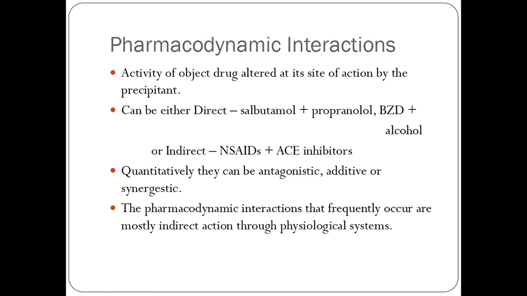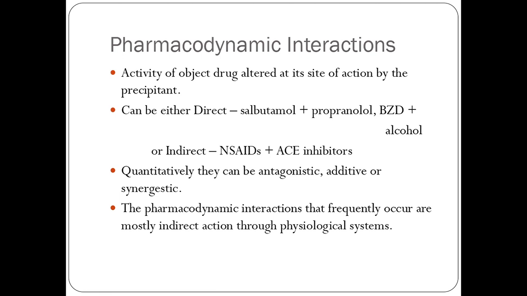Then coming to pharmacodynamic interactions. In pharmacodynamic interactions, the activity of the object drug is altered at its site of action by the precipitant. It can be either direct, for example salbutamol plus propranolol, BZD, benzodiazepine plus alcohol, or indirect, for example NSAIDs, non-steroidal anti-inflammatory drugs plus ACE, angiotensin converting enzyme inhibitors.